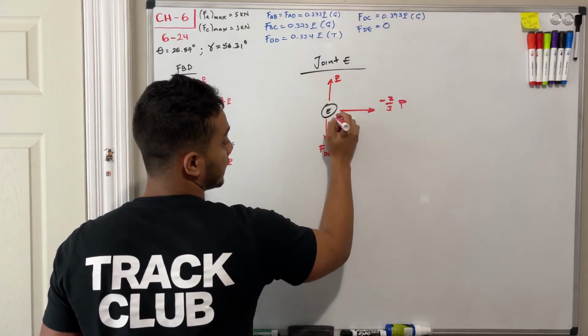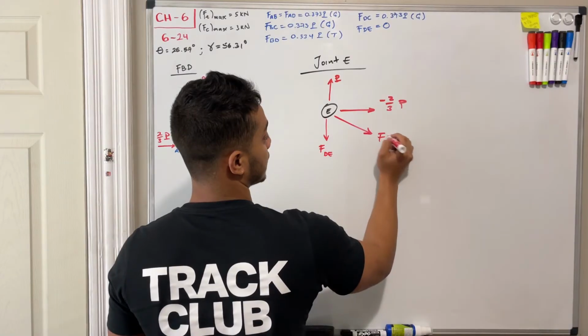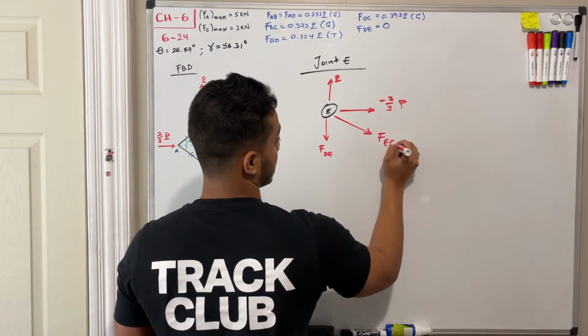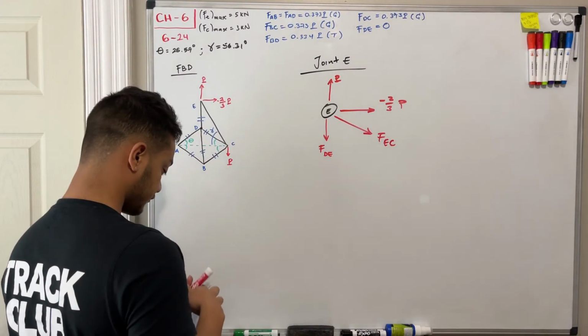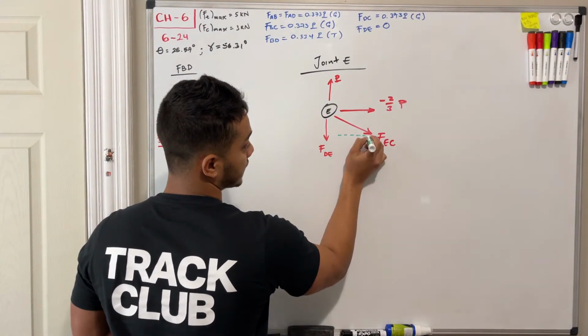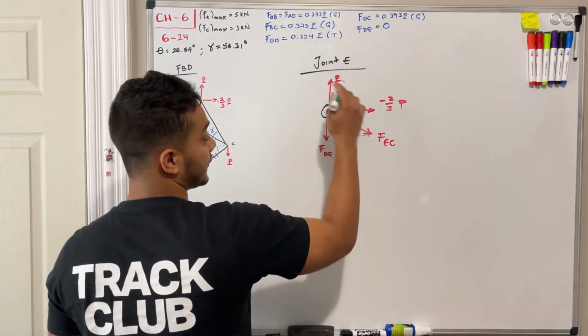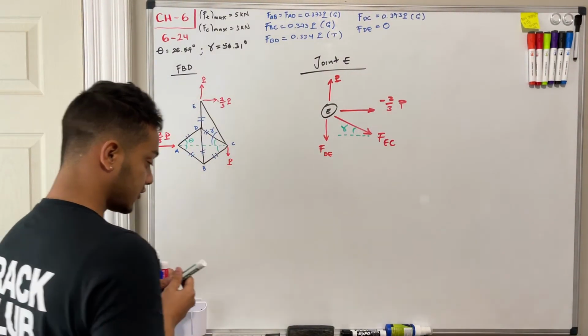Let's not confuse the nomenclature again. And then this guy is my force EC. That is the one that we need to find. So this guy with respect to the x-axis is gamma, and the rest are either totally horizontal or vertical.